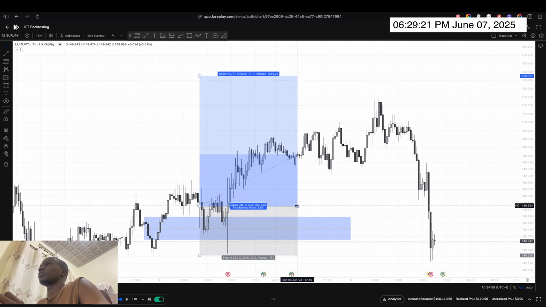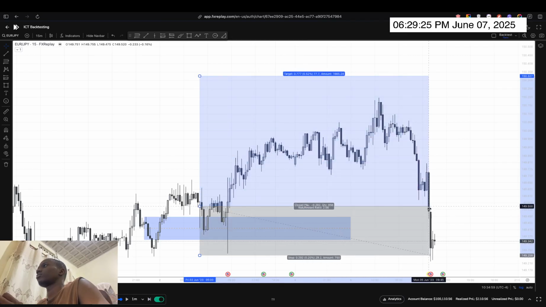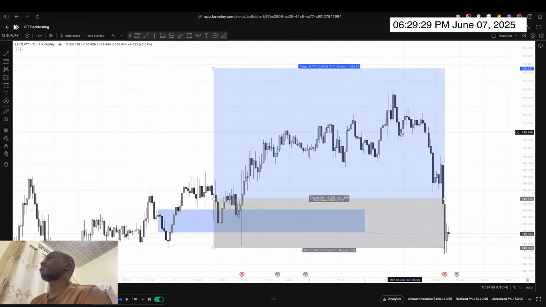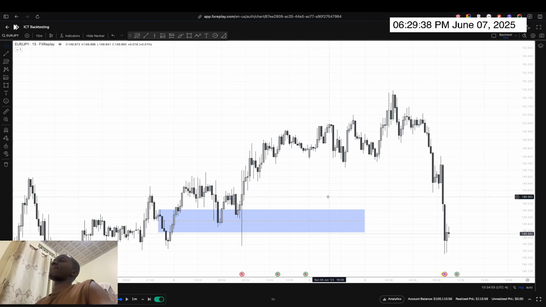So TP wasn't hit. Anyways, that was a really big risk.